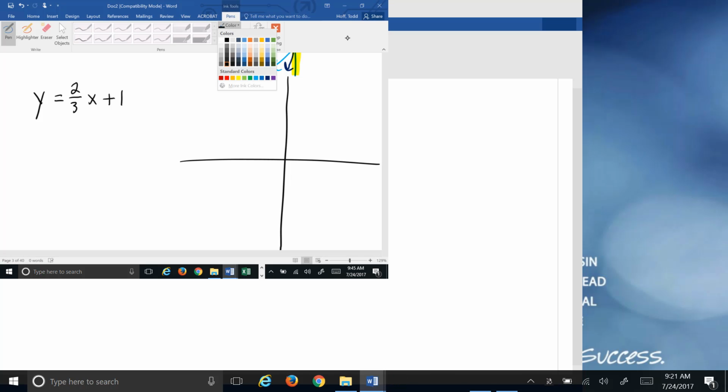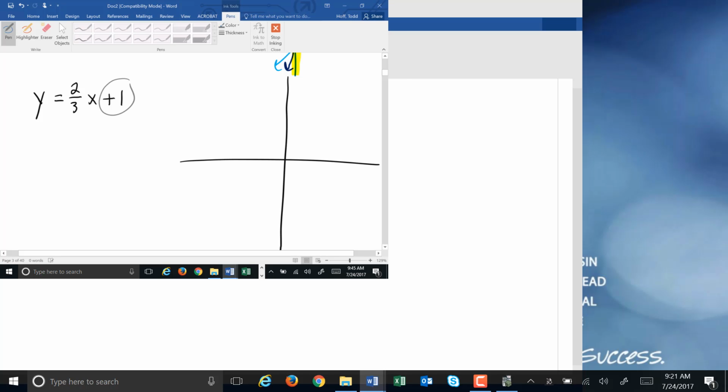So if I have an equation like this, y equals 2/3 x plus 1, we always start out by looking at the y-intercept. Where does this graph start out at? +1. So from the center, we go up 1, right there. That is the first point on this line.